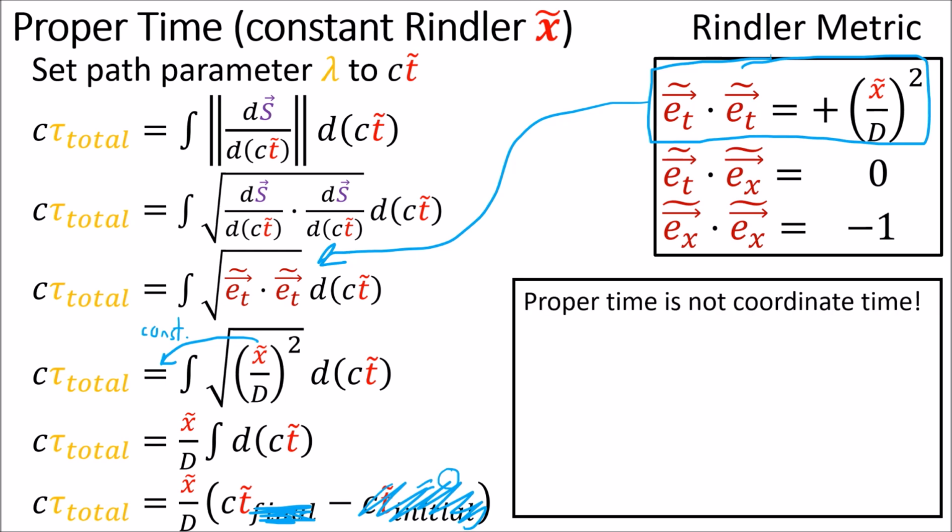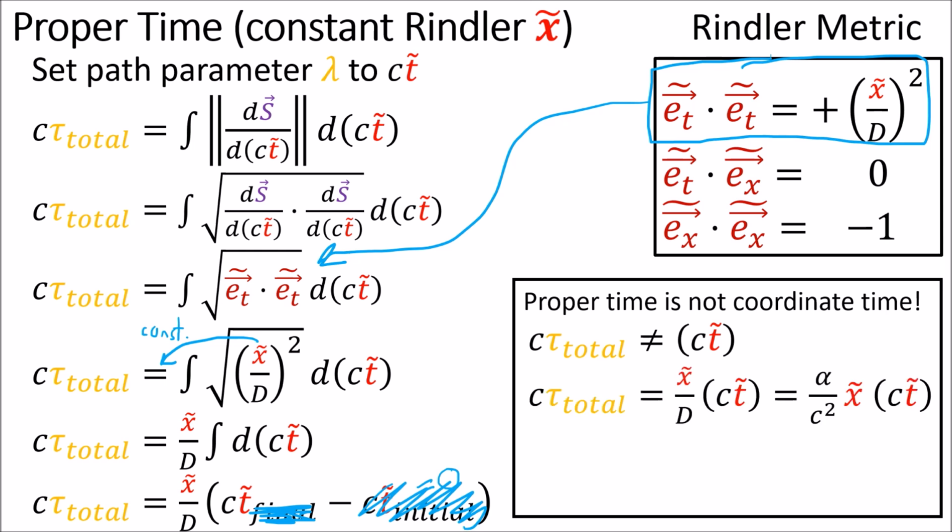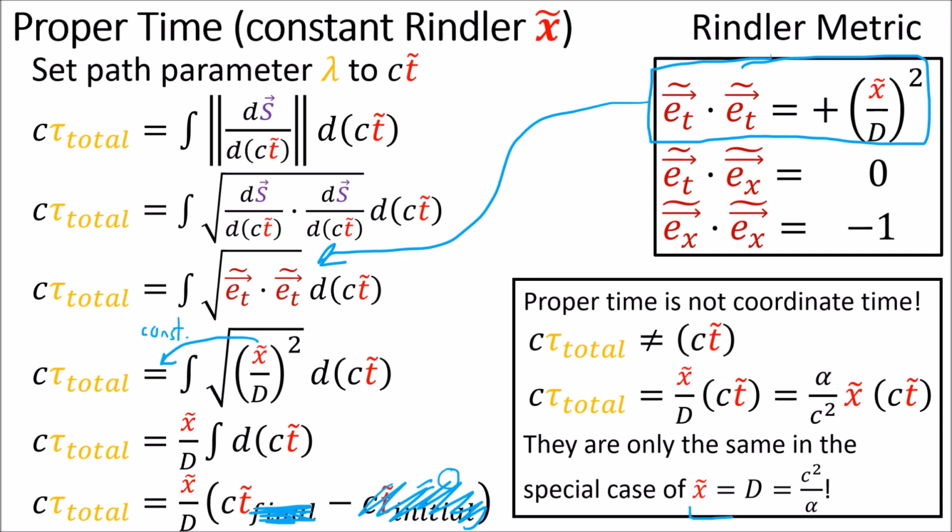The proper time c times tau along a hyperbola in Rindler coordinates is not equal to the coordinate time ct tilde. They are only the same in the special case of x tilde equals d. Otherwise, the clocks with larger x tilde values will tick more quickly, because they get more proper time for a single unit of t tilde.